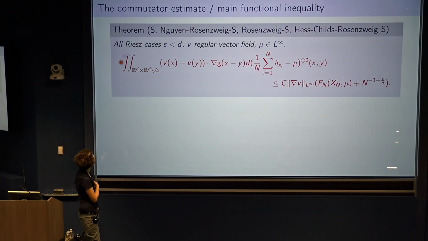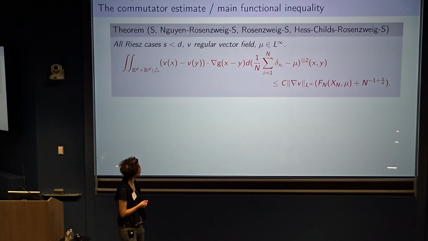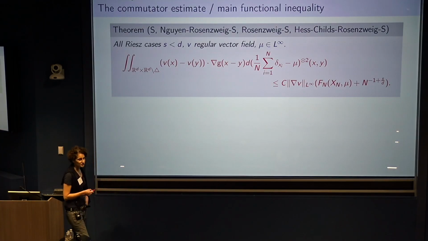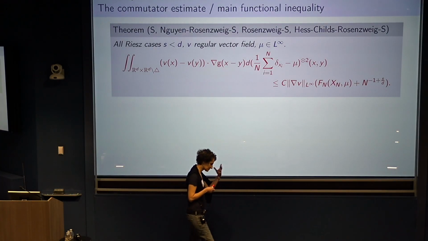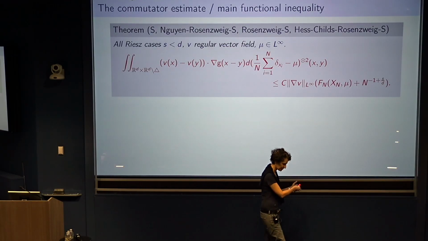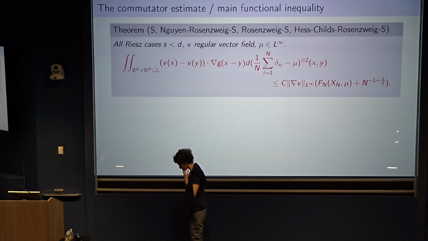And this is the left-hand side that we had to prove. Okay, so now we call this the commutator estimate for reasons I'll explain in a second. And this is really the key point of the proof. If you can prove that, then once you have introduced the right quantity, differentiate in time, plug that, you have Grönwall, you're done.